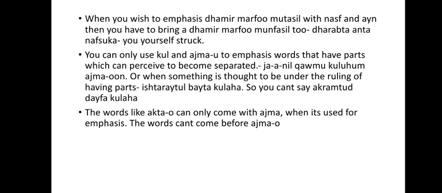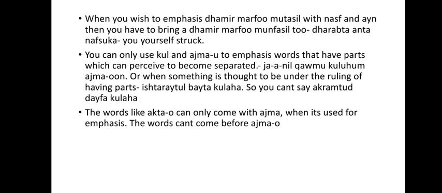So another point is you can only use kul and ajma' to emphasize words that have parts, parts that we can perceive as being separated. So, for example, جاءني القوم كلهم أجمعون. A qawm, a nation, is made up of individual people, and we can imagine those people being individuals.